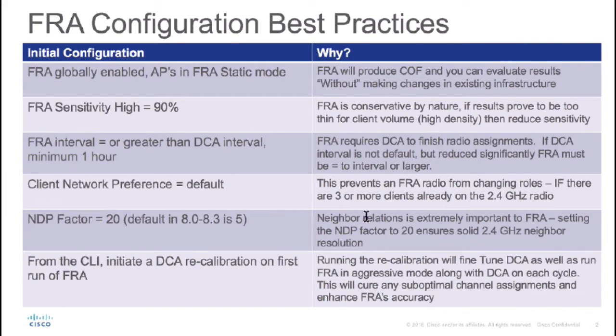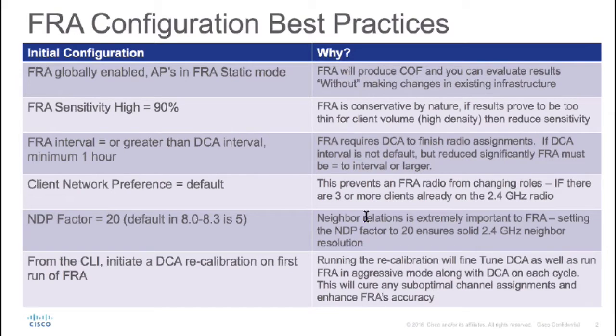So in other words, if you're deploying 2.4 and 5 gigahertz today, you put in 3800s, now you want to start playing with this FRA, do it safely first. Take the APs out of auto mode. There is a command at the command line to do this. And then you can look at the results of what FRA thinks of your infrastructure before you commit to making changes. Highly recommend that.